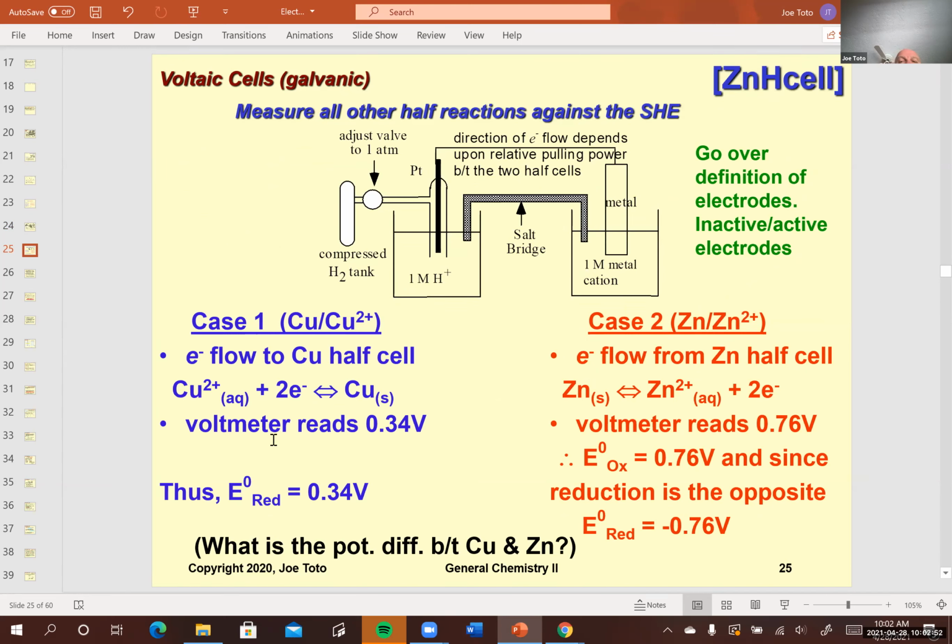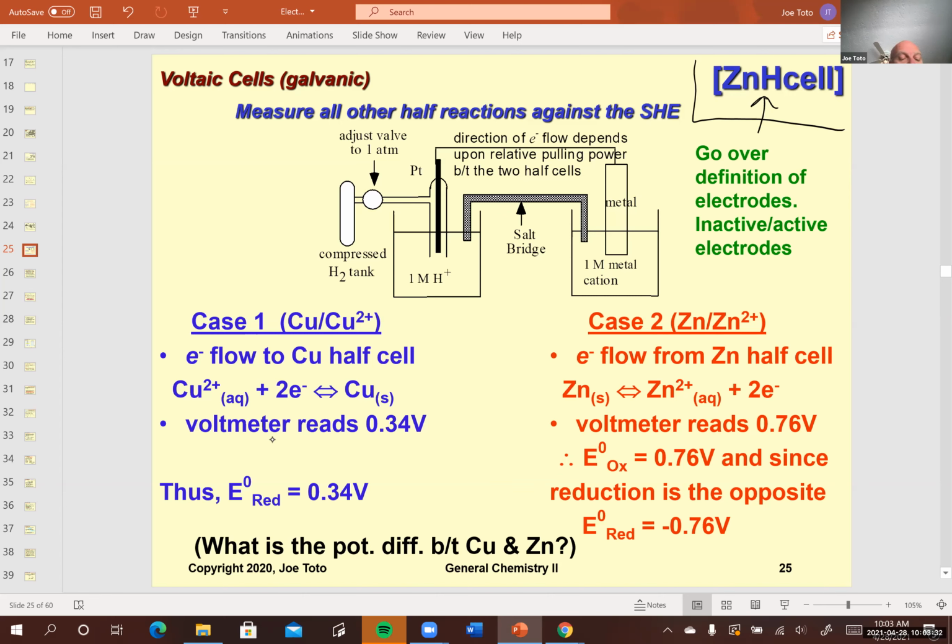Let's see how an experiment might work to determine the half cell potential based off of a standard hydrogen electrode. You can look this up probably on YouTube and see some videos, which are kind of nice because they either show you what it would look like in lab, or a diagram and cartoon of what they believe is going on at the atomic level as far as the electrons and the atoms.